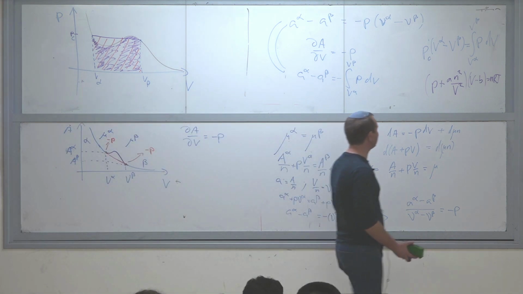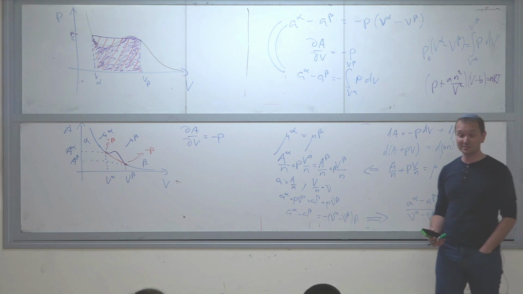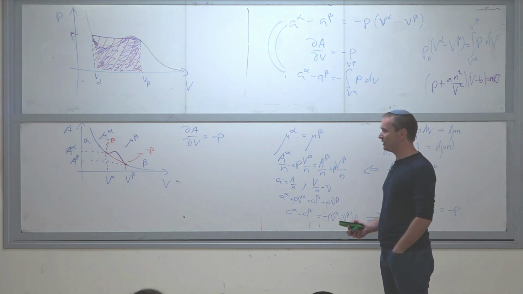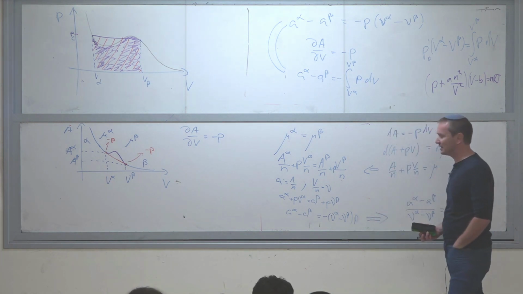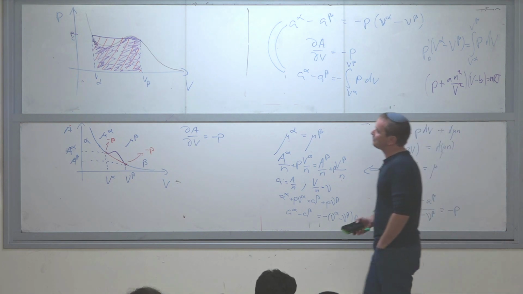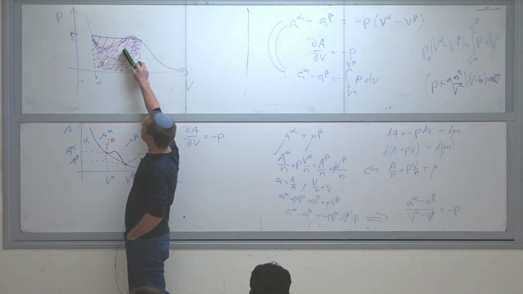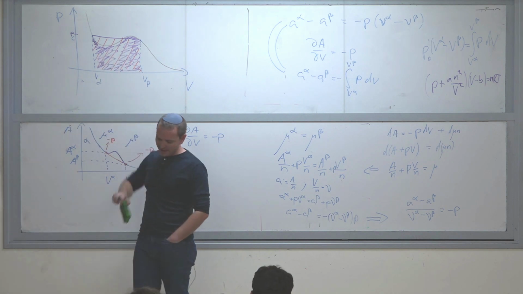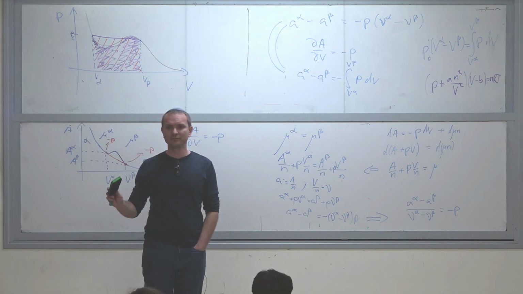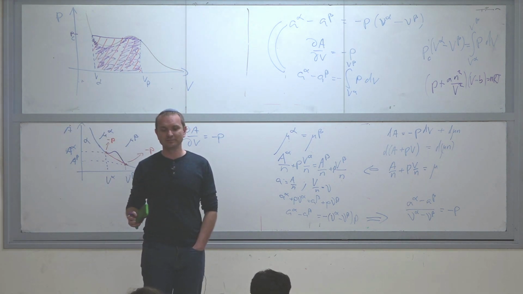Well, first of all, you will see it not here, but in the exercises. But you find the P; the only thing that matters is that the areas are equivalent. This is basically enough.